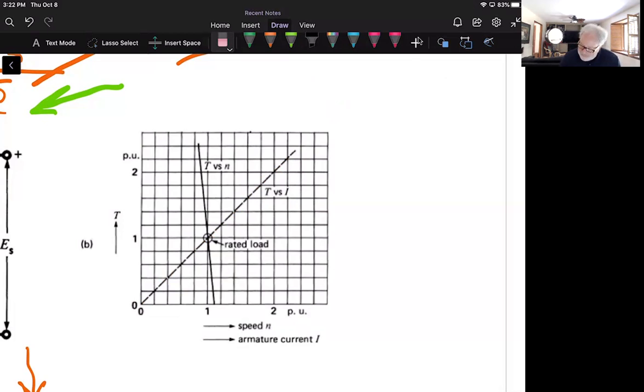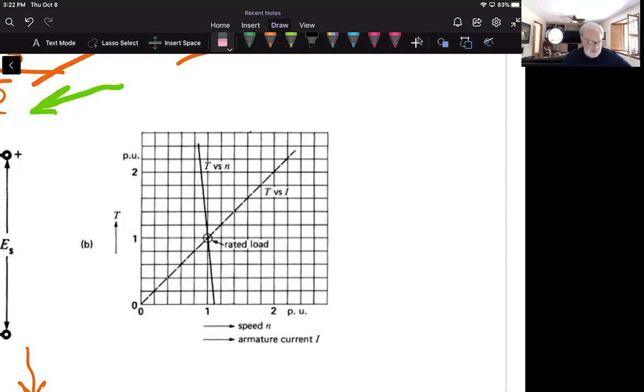The other thing we'll look at is the torque versus speed situation. It's maybe not quite as obvious as the torque versus current, but notice, and we'll revisit this later in a problem, how almost vertical that line is. So what does that tell me when there's not much variation on a particular curve?